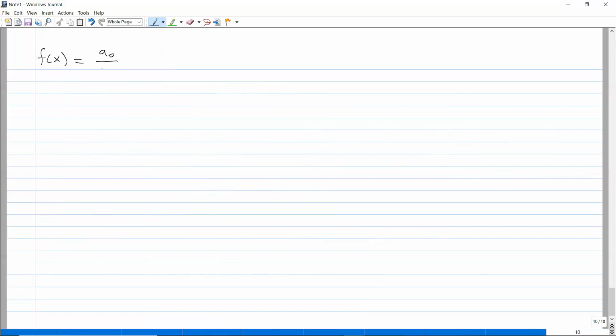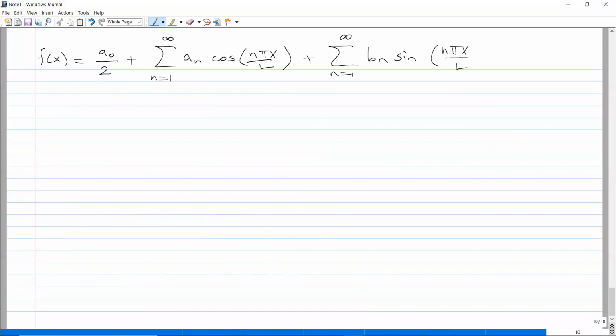We are trying to write it as some number a0 over 2 plus an infinite sum of an cosine n pi x over L plus sum n from 1 to infinity bn sine of n pi x over L. So to find the constants, we are just going to take the inner product of the function f of x with sine and cosines.